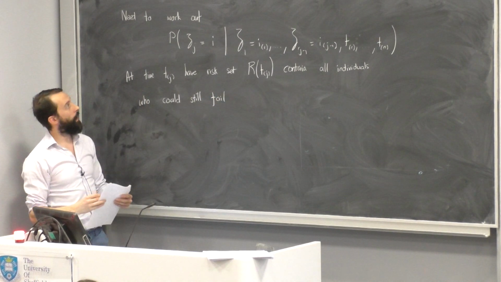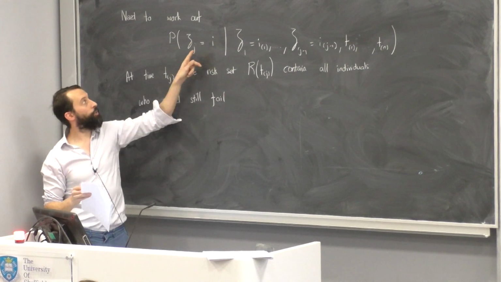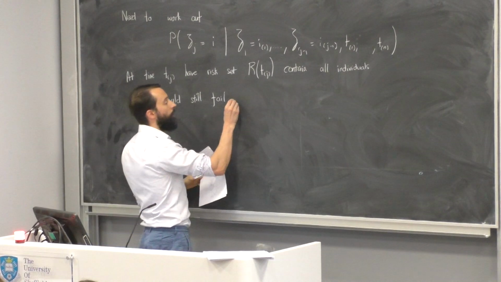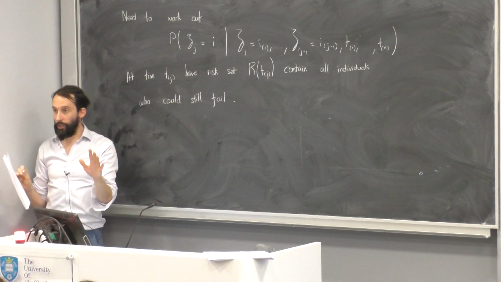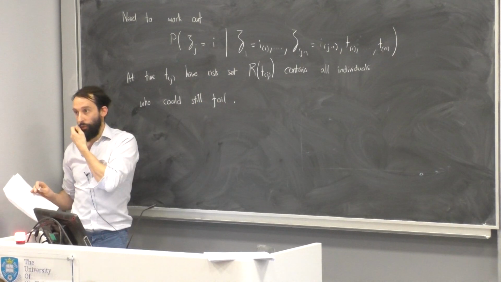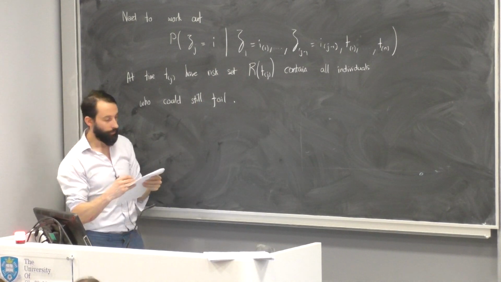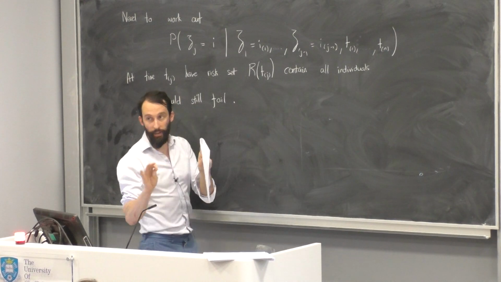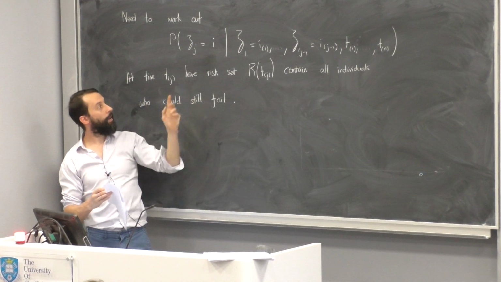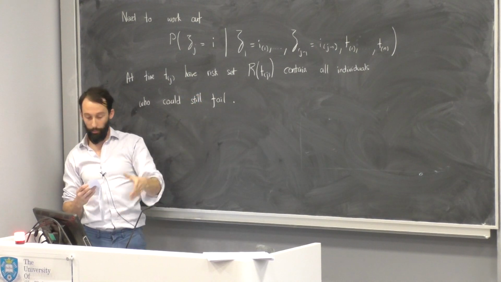So that's basically all of the individuals who could be i here. And then I'm going to pick at random one of those individuals from my risk set. So I've now got somebody who is going to fail at this time. I've got a risk set, so it needs to be one of those people.